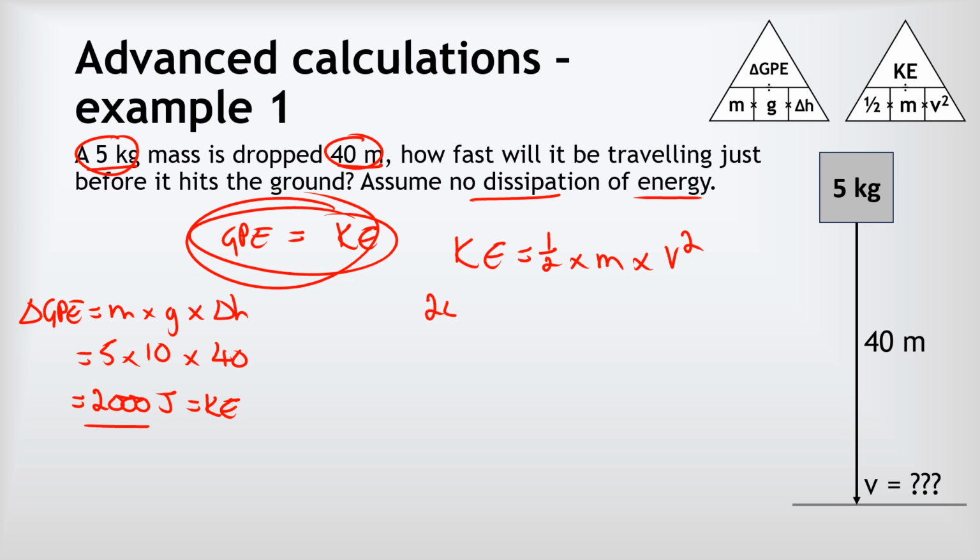So we can say 2000 equals half multiplied by the mass, which is 5 kilograms, multiplied by v squared. Let's simplify before we rearrange. Half times 5 is 2.5, so 2000 equals 2.5 times v squared.